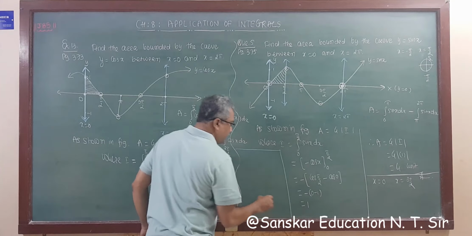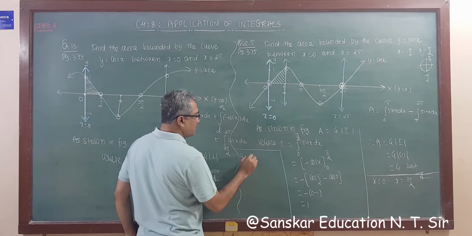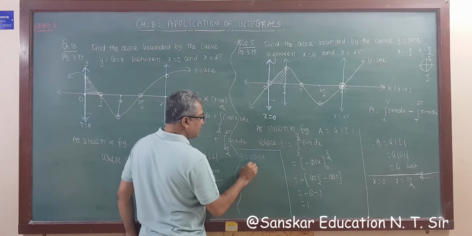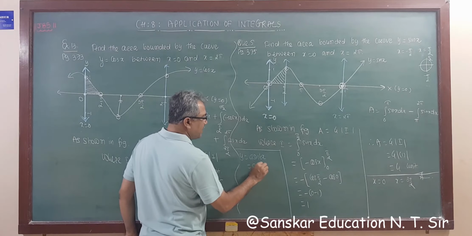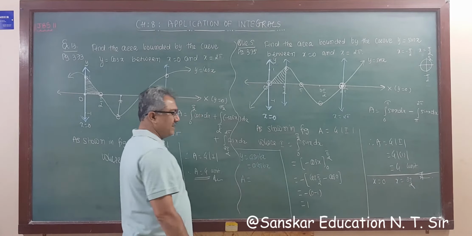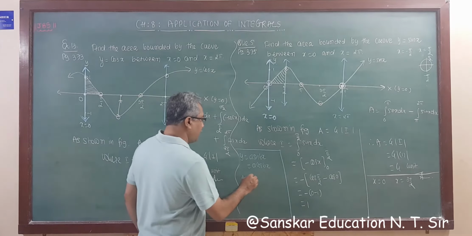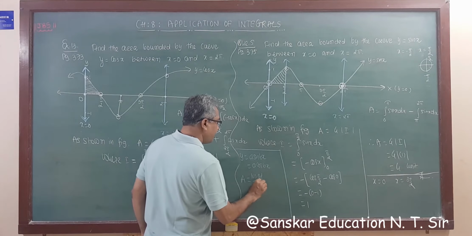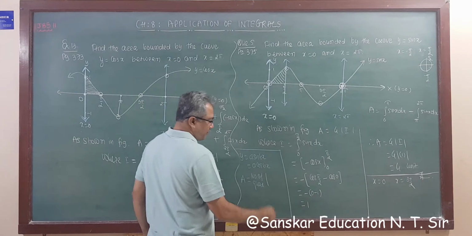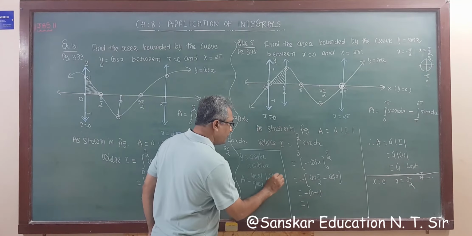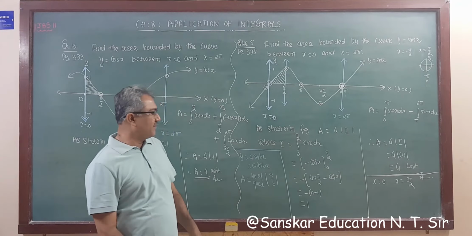The shortcut method is this: y is equal to either a sin bx or a cos bx, then the area is equal to the number of quadrants into the modulus value of a upon b.